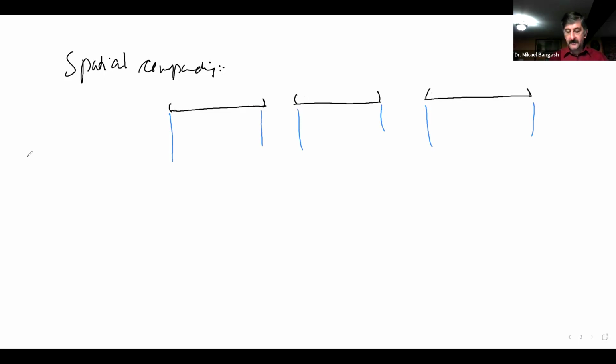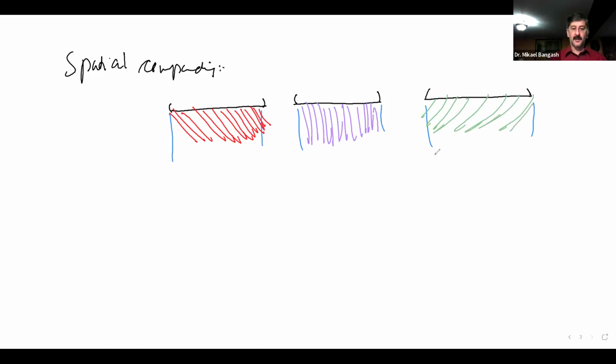What is spatial compounding? First, our beam, for instance, may be steered this way. Next, the beam will be steered this way. Next, the beam may be steered this way. Clear? Did you guys get that?